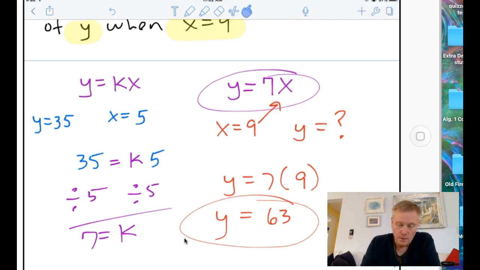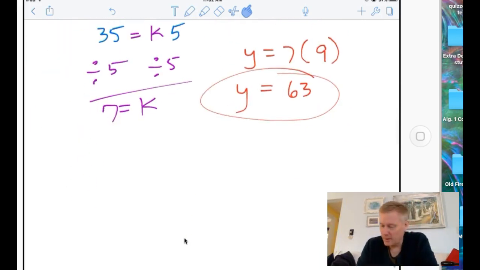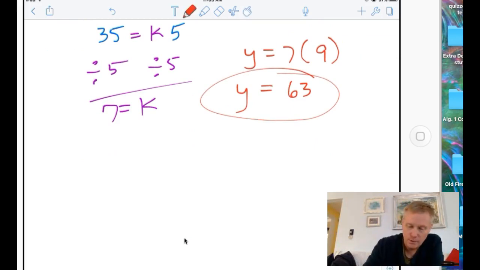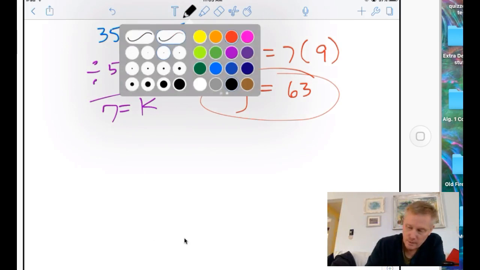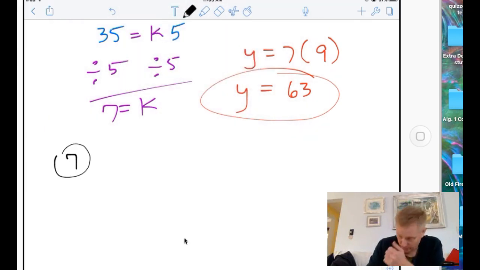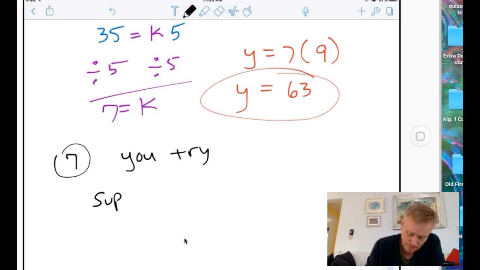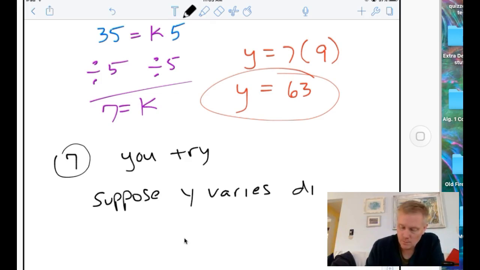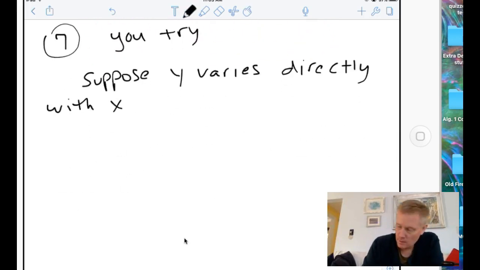If you have questions, write them down, bring them to class. Let's try another one. Maybe you should try this one. Number 7. It's the same kind of problem. We'll do a you try. Suppose y varies directly with x, and y is 10 when x is negative 2.